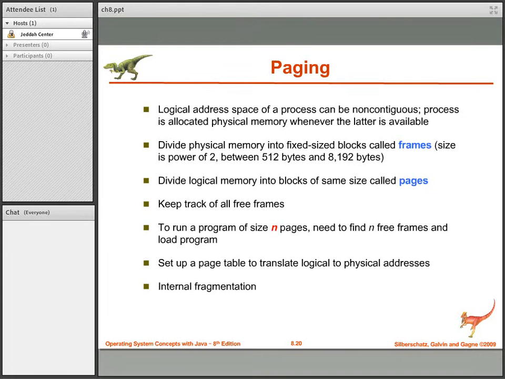Now, in order to run a program of size n pages, we need to find n free frames on the side of the main memory. And then we load the program. We load the n pages of the program into the n free frames of the main memory.